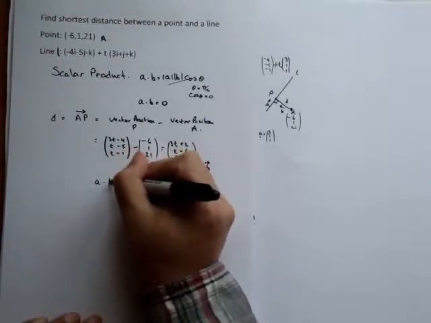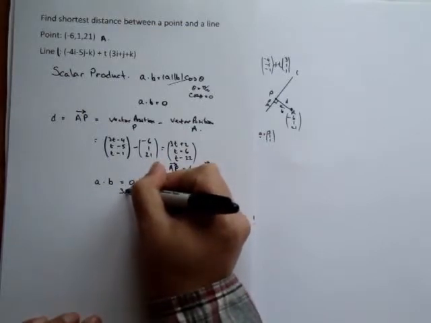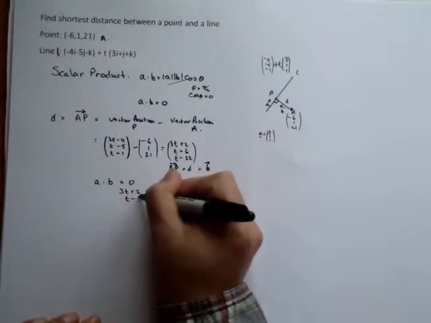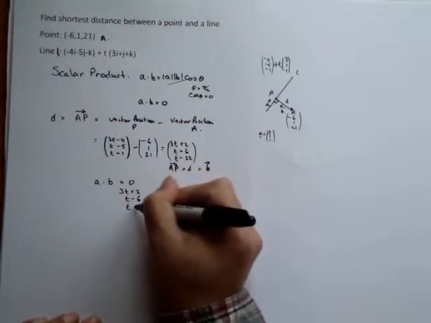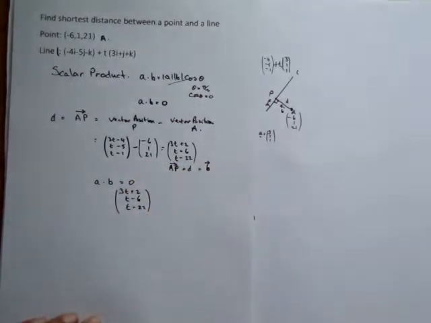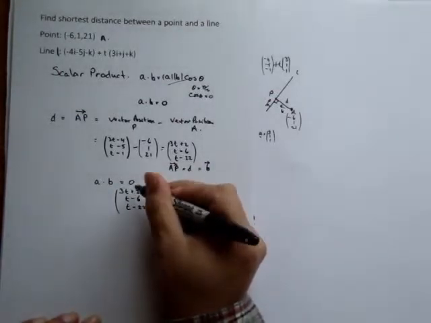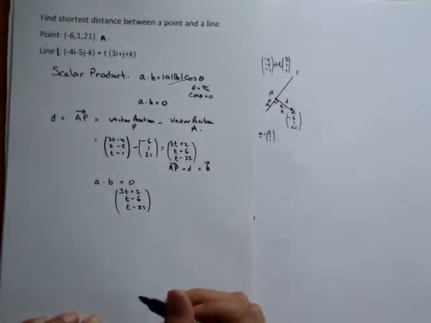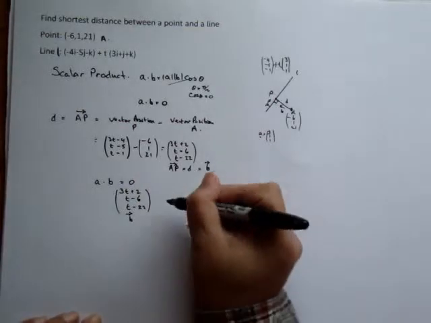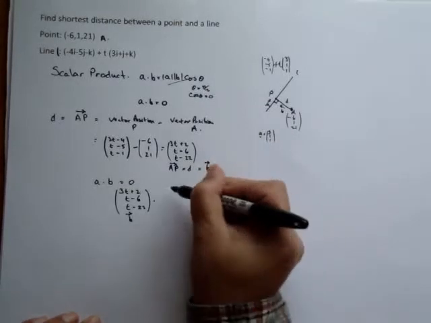So a multiplied by b equals 0. So our b is 3t plus 2, t minus 6 and t minus 22. So we know that the direction vector for b has to satisfy this equation for some value of t. Let's just write that down so we don't get confused. And then we're going to multiply this by our direction vector for a, which is 3, 1, 1.